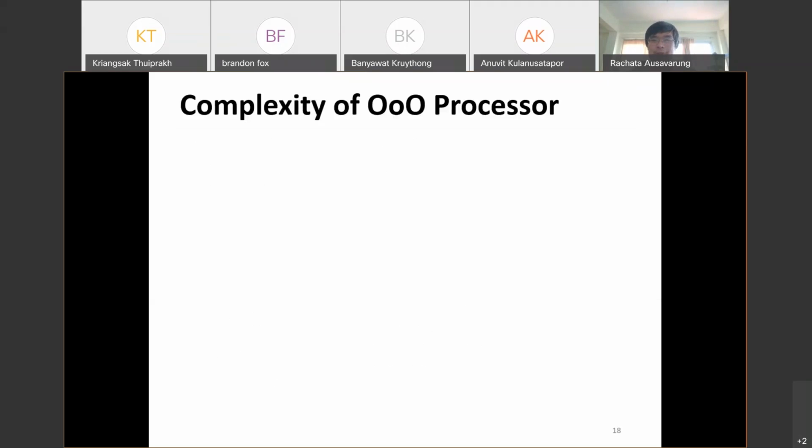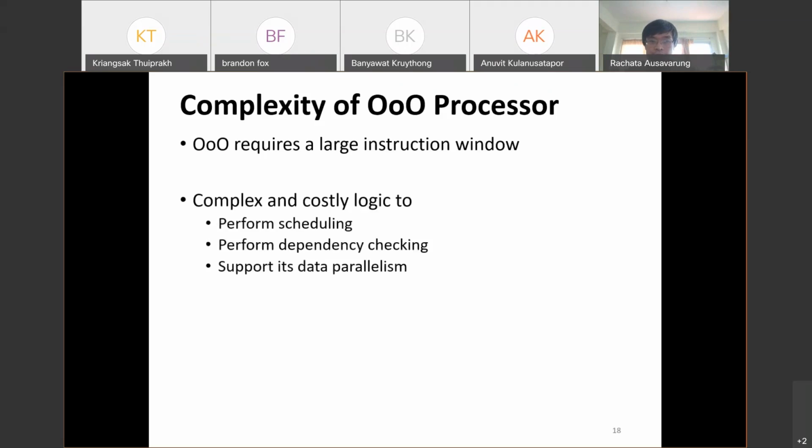I'm sure you don't want to implement an out of order processor in your lab, right? Fairly speaking, an out of order processor requires a large instruction window. So basically it's complex and costly, right? Why is that complex? You need a lot of transistors to perform scheduling, check dependency, and support data parallelism.